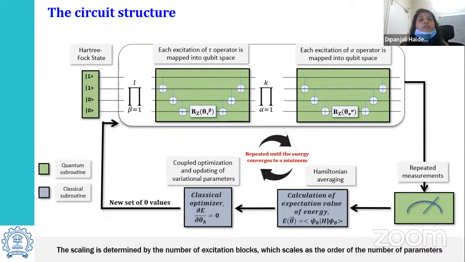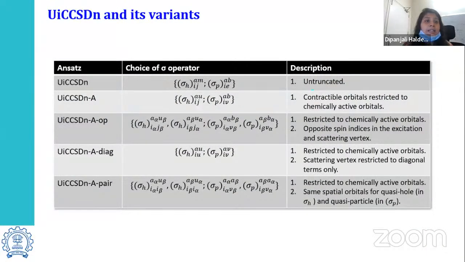And then we perform a coupled optimization to update the variational parameters in order to get the VQE energies with our ansatz.